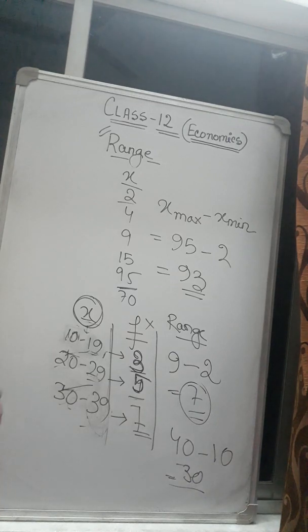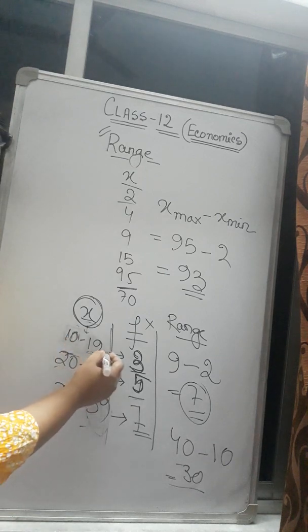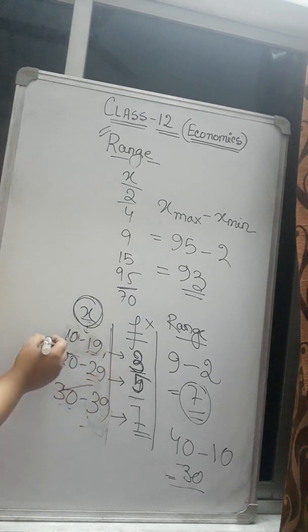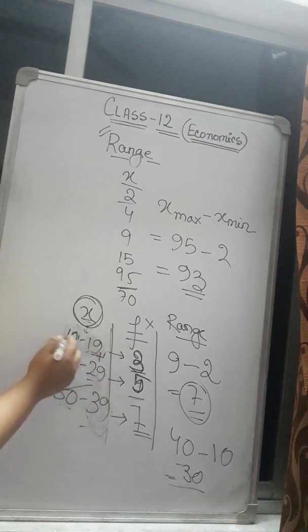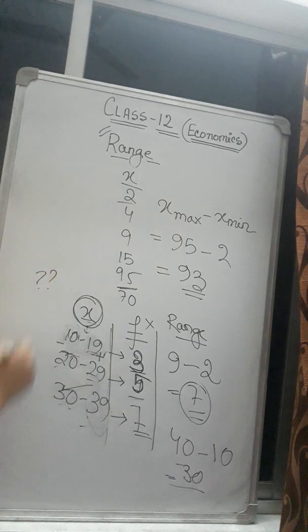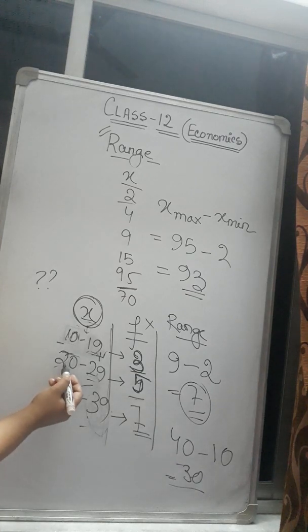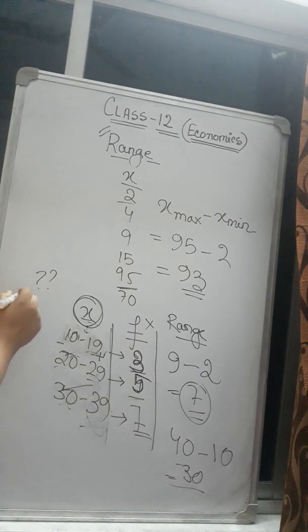This is the method. We have to add something to the upper class boundary and subtract something from the lower class boundary. Now what will we add or subtract? What is the gap? 19 and the next number is 20. The gap is 1. We have to divide that by 2.